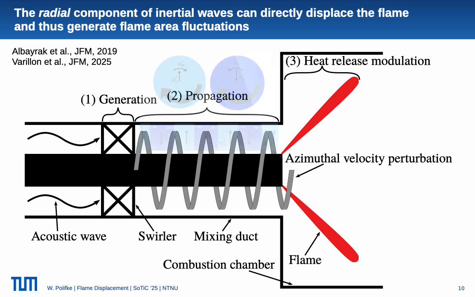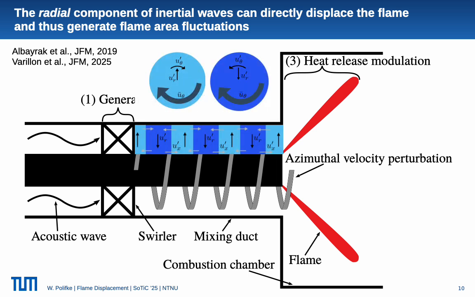And it was Alp Al-Bayrak in his work who worked out that we shouldn't think of swirl waves simply as perturbations of azimuthal velocity that are transported by the mean flow, but instead we should discuss the propagation of inertial waves. And inertial waves result from an exchange between radial pressure gradient and centrifugal forces and the constraints of mass conservation.